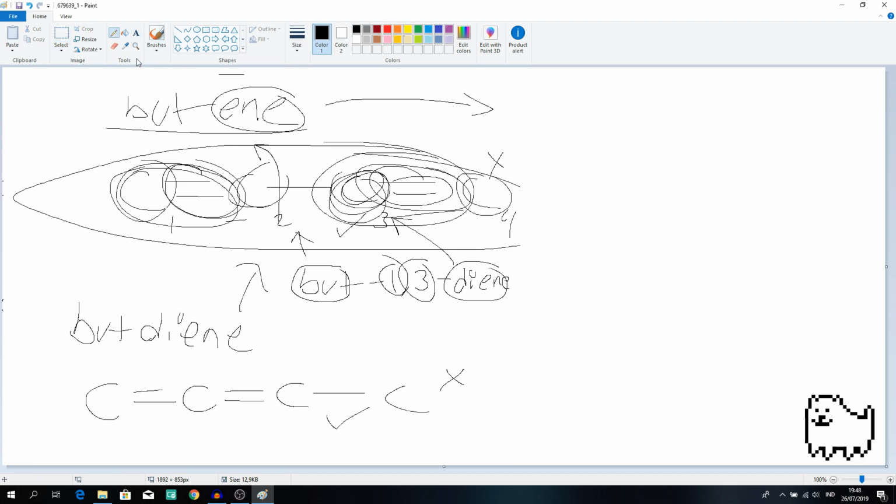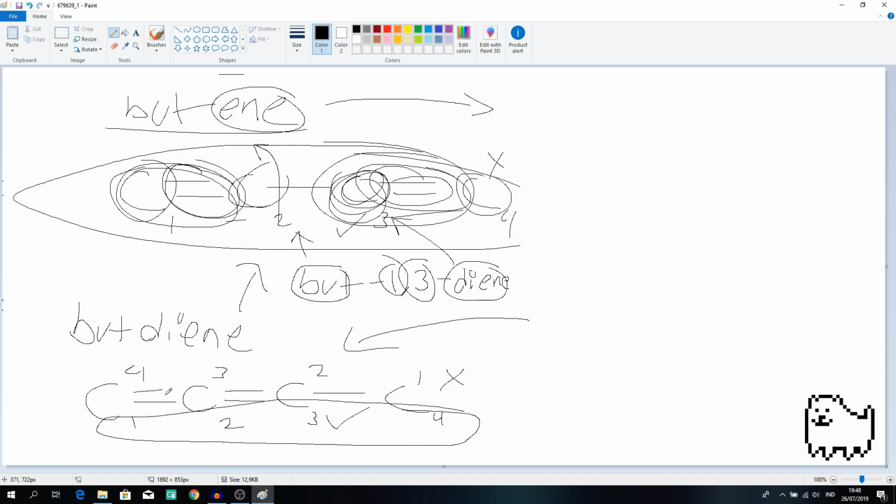So let's try to name this one now. Let's try to number it left to right. 1, 2, 3, 4. So you can identify that the left to right numbering works better because we're dealing with smaller numbers. This one and this one especially.